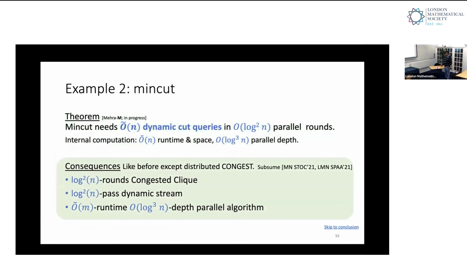That's a conjecture. What do we have? For min cut, whatever we said so far is an algorithm which is a cut query algorithm. You can simulate it in the cut query model. But you can ask the question, if I now put this restriction of dynamicness, can I solve anything? Well, this is again a work in progress where we showed that yes, not only can you do it, you can do it exactly in almost a similar complexity as if you didn't have the dynamic constraint.